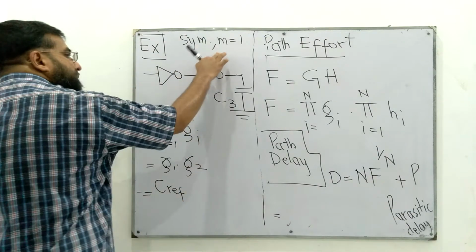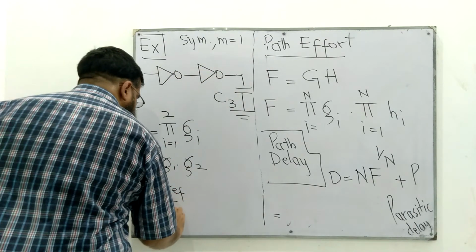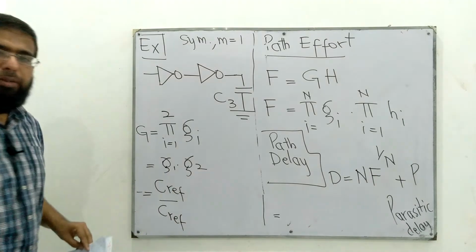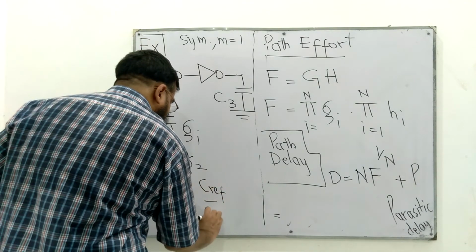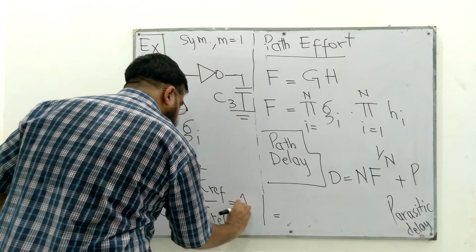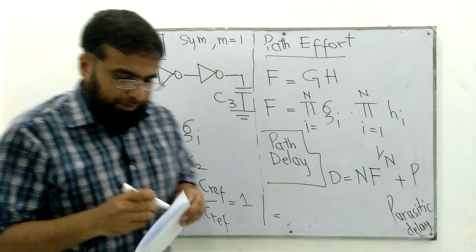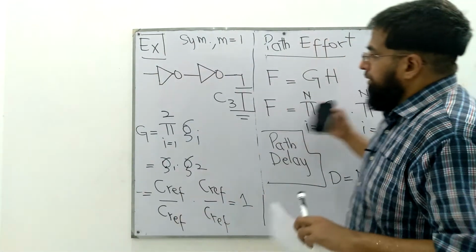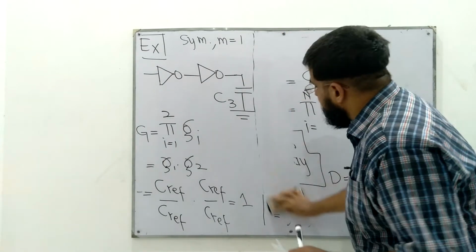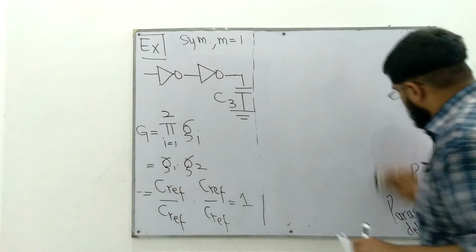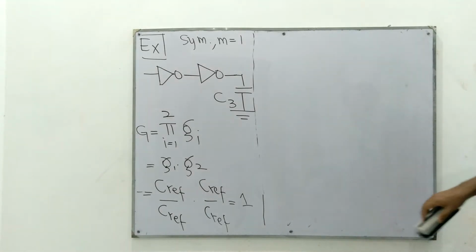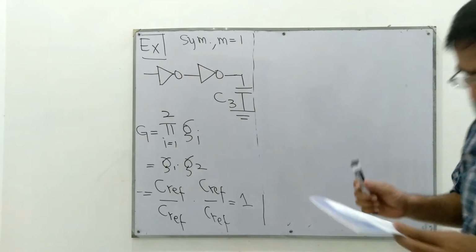Since this is symmetric with M equal to 1, it has the same input capacitance as the reference gate. The same is true of the other gate. So the answer comes out to be 1, but it is not always 1. For other gates, we'll see in later lectures that it will be different than 1.